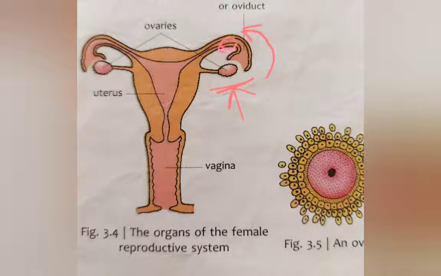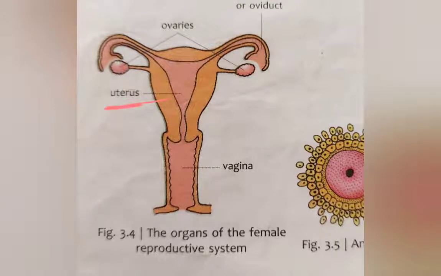They wait here in the fallopian tube for the sperm to come and fertilize it. So these fallopian tubes or oviducts are the exact location of fertilization in human beings. They are funnel shaped muscular tubes which originate from the uterus and continue till the ovaries.